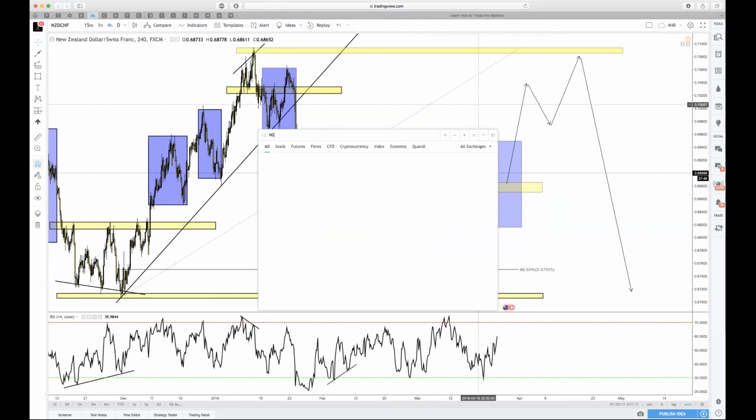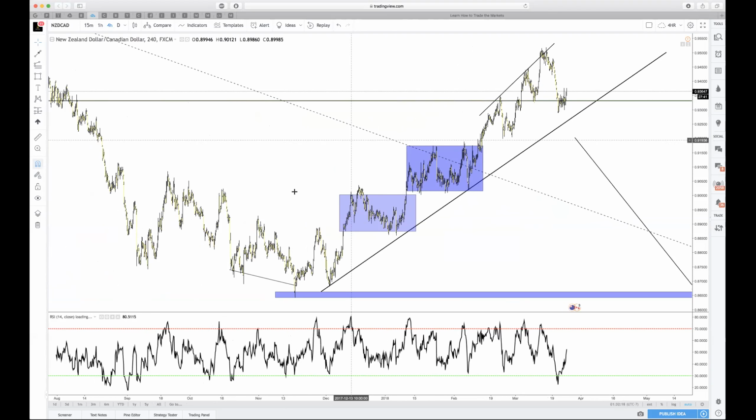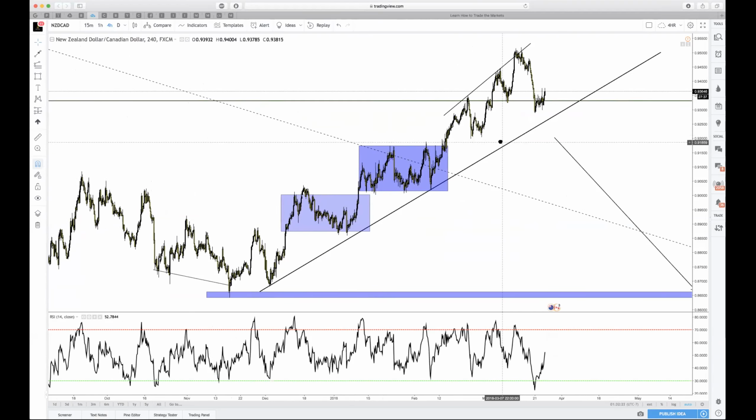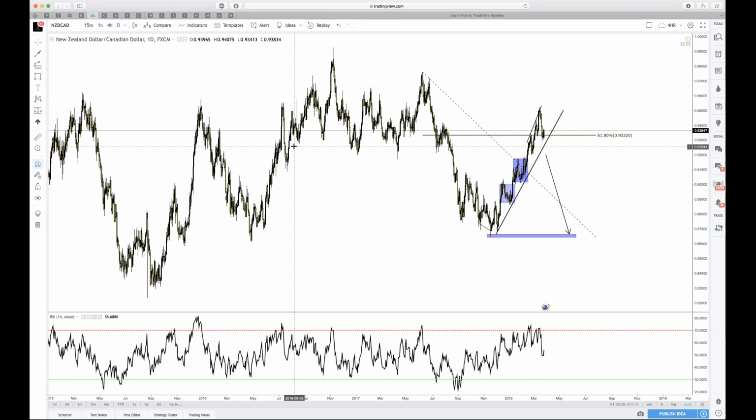Okay, NZD CAD. All right, NZD CAD in a 4-hour time frame. What do you got? W, level 1, level 2, M formation. Okay, that's a daily time frame.